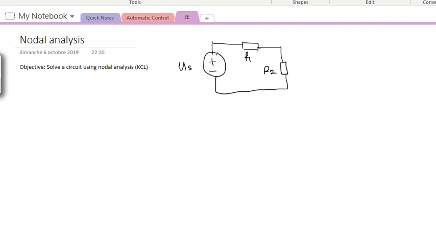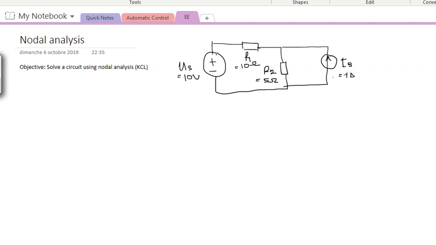On the other side, you'll have another loop with a current supply IS. Let's say the values are unknown, and I give the values: US is 10 volts, R1 is 10 ohm, R2 is 5 ohm, while IS is 1 ampere.